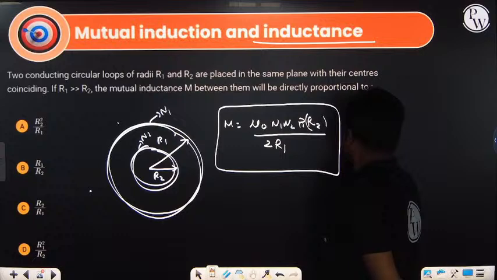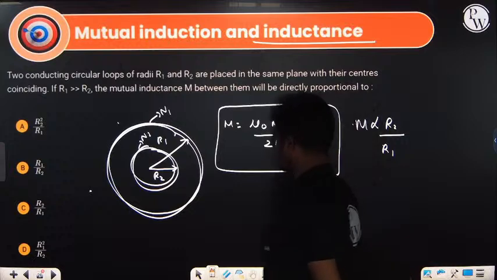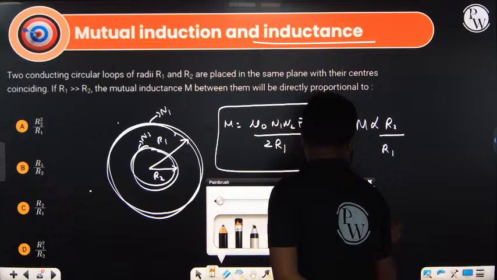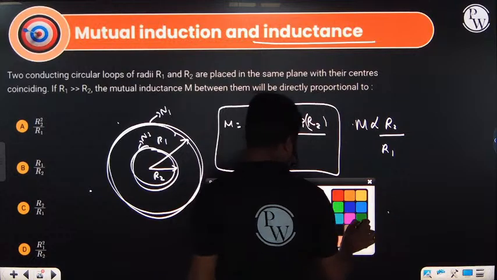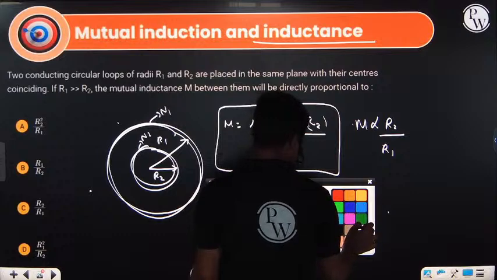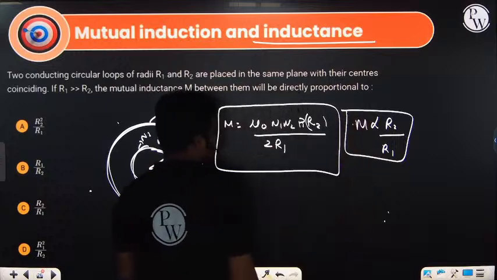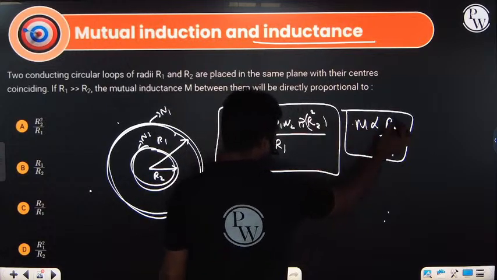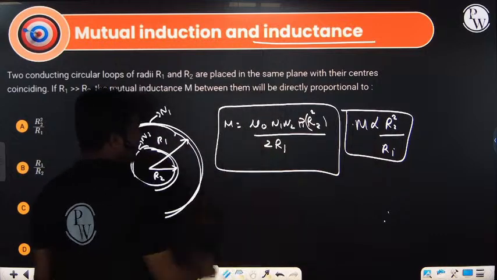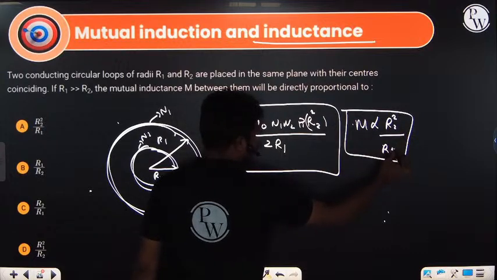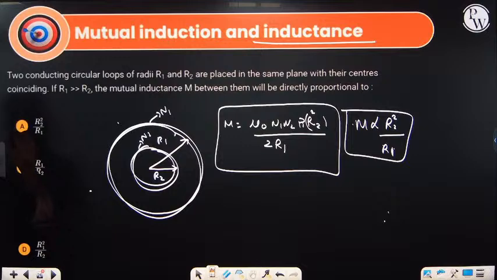So from here, mutual inductance is proportional to R2 divided by R. Sorry, this will be R2 square and this will be R1. So the formula is mu naught N1 N2 pi R2 square divided by twice R1, so R2 square divided by R1. We get this value for the mutual inductance between two concentric coils.